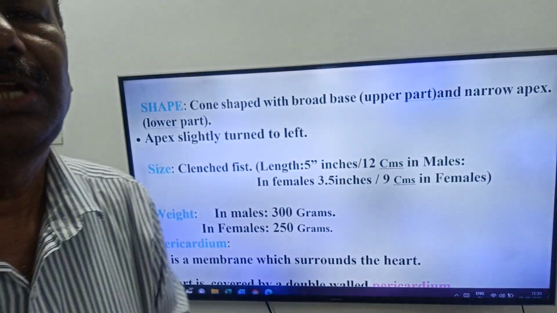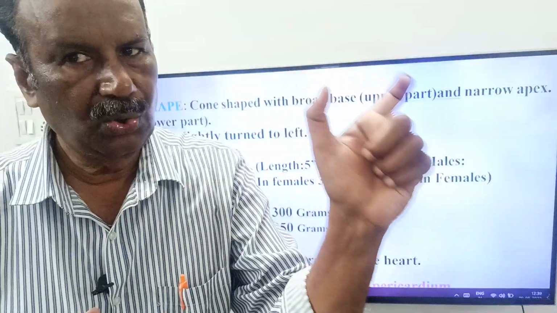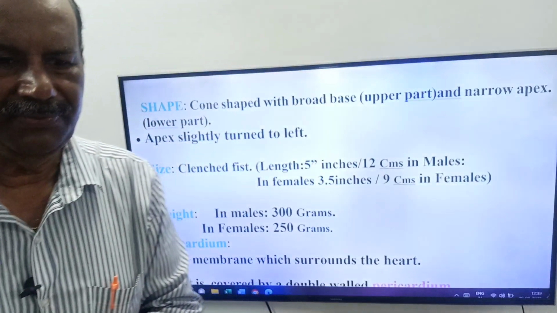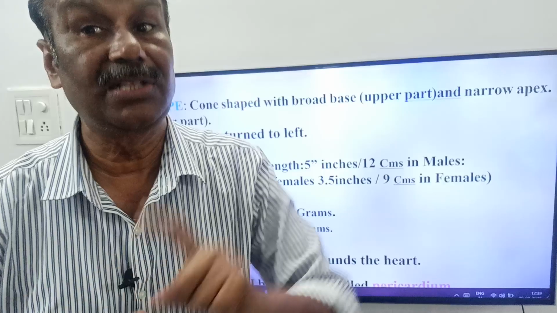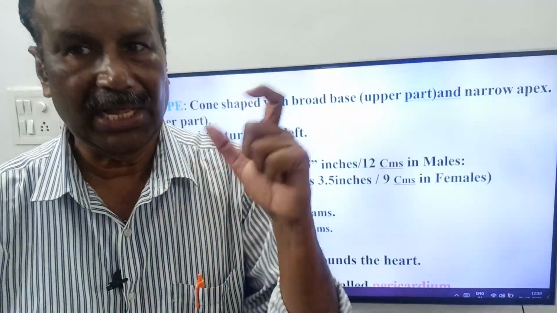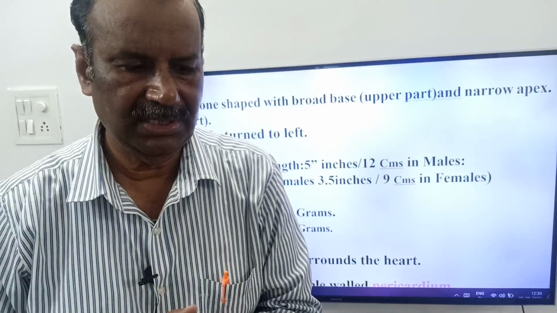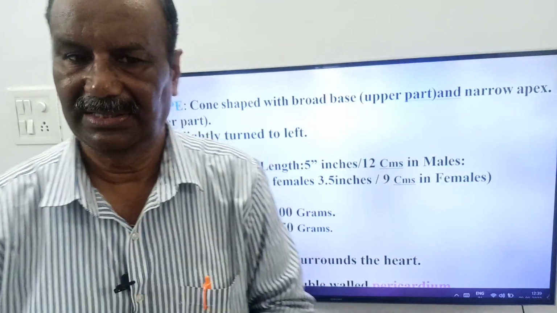This apex, the narrow lower part, is slightly turned towards the left side. What is the shape of the heart? Cone shape. What type of base does it have? Broad base, the upper part. What type of lower part? Narrow apex. It turns towards the left side.